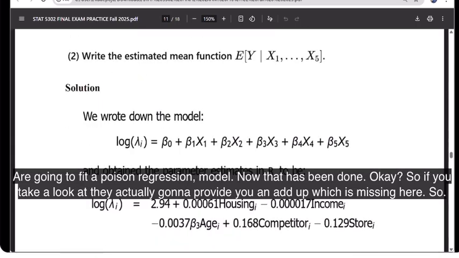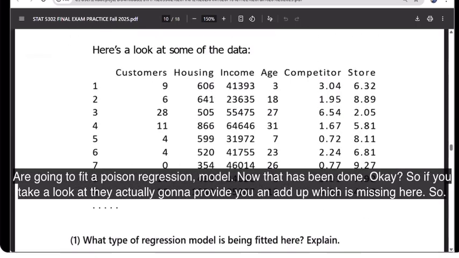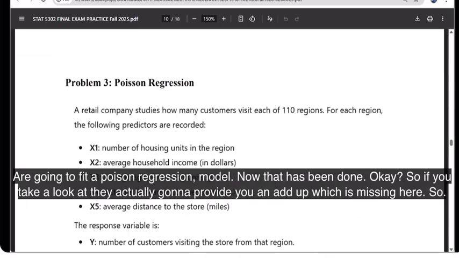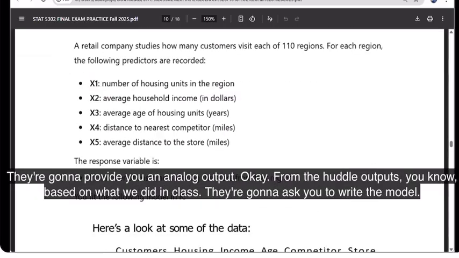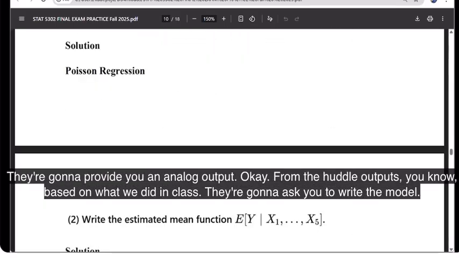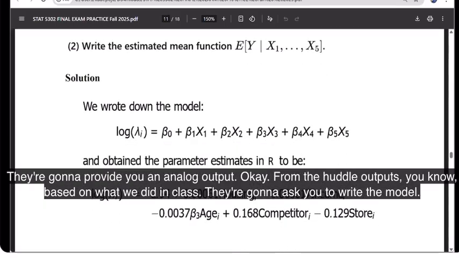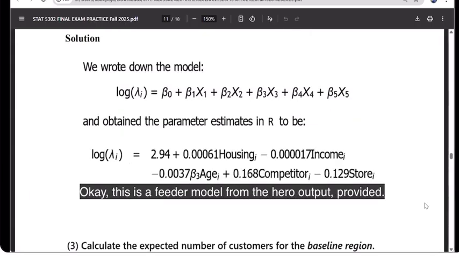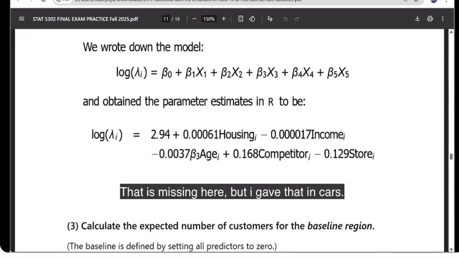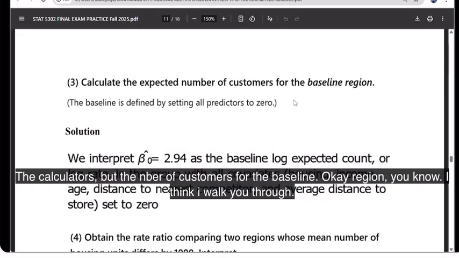If you take a look, they're going to provide you an R output. It's missing here, but they're going to provide you an R output, and from the R output, based on what we did in class, they're going to ask you to write the model. This is the fitted model from the R output provided. That is missing here, but I gave that in class. They ask you to calculate the expected number of customers for the baseline region.